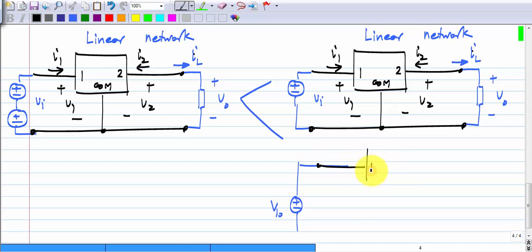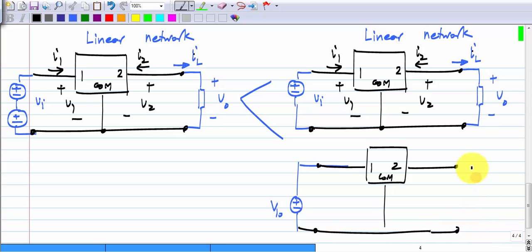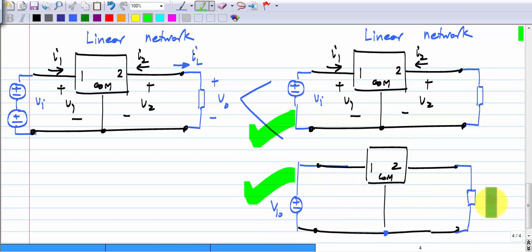Okay. This is the load. Okay. So, the solution to this can be obtained as a superposition of this, where we have only Vi applied to the network, and this where we have only V10 applied to the network. Okay. This is because of linearity.